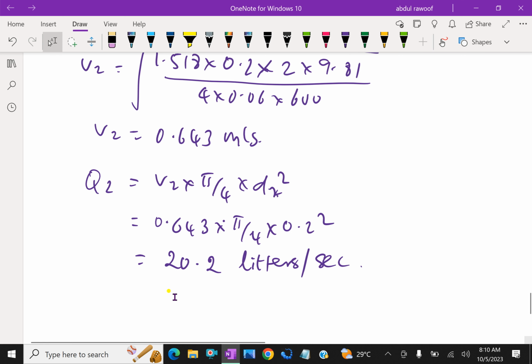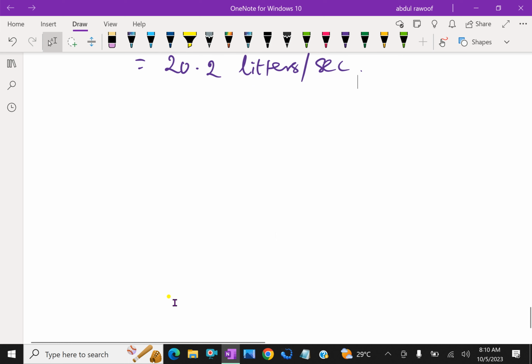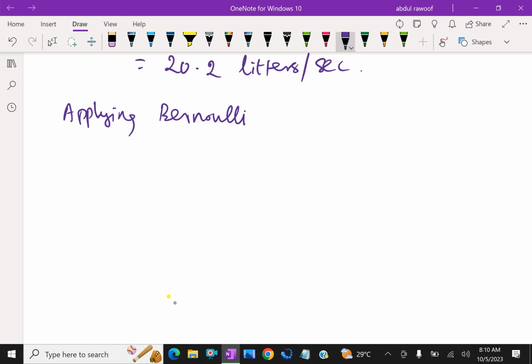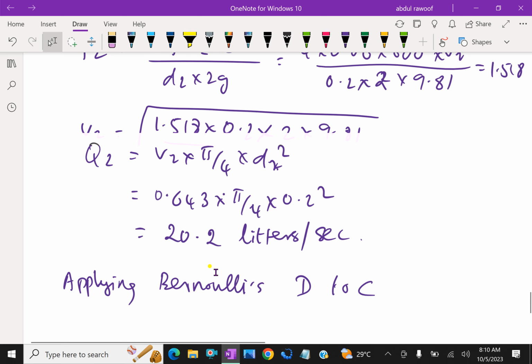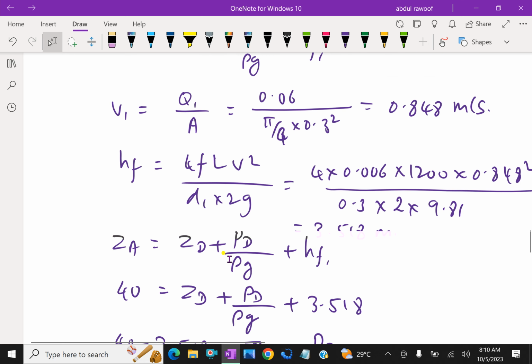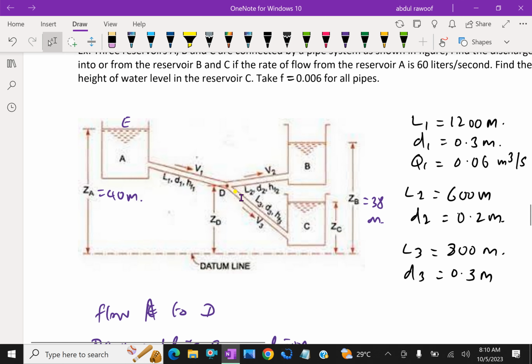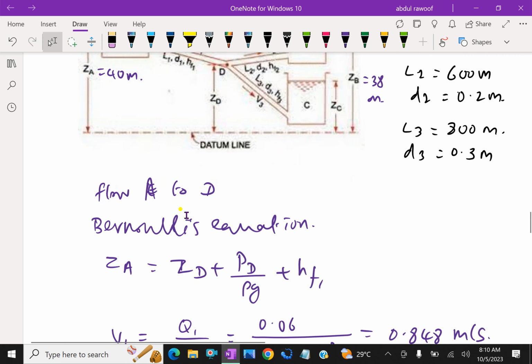Next is applying Bernoulli's to D to C. We are calculating D to C now.